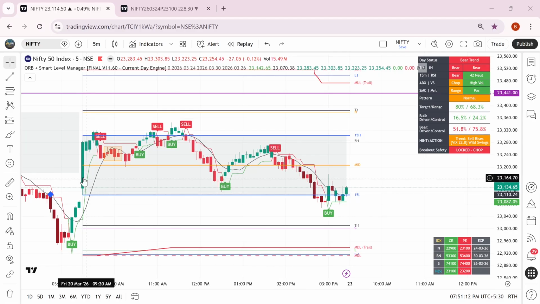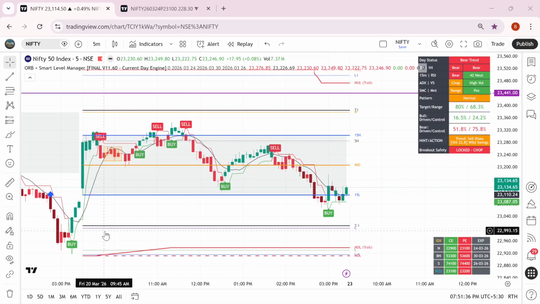Initially, in the first 5 minutes, as soon as this candle closes, we will have a 5-minute high and a 15-minute low. If the market is bullish, we'll consider the 15-minute low. If it's bearish, then the 5-minute high. When the market is in a bullish trend, you will observe a 15-minute low and a 5-minute high.